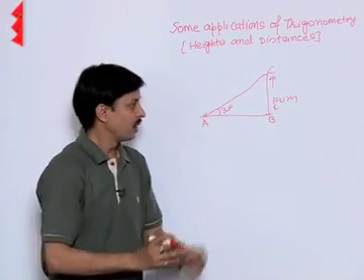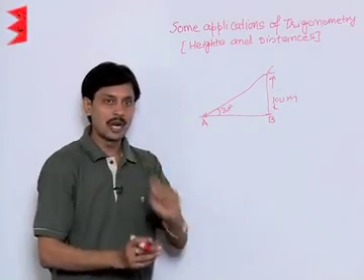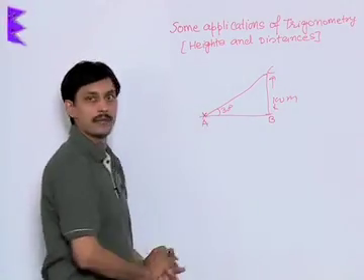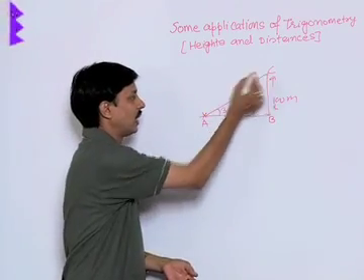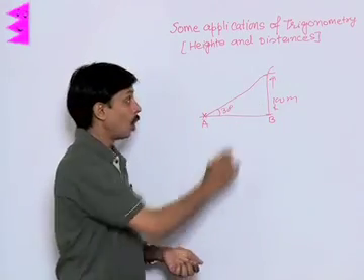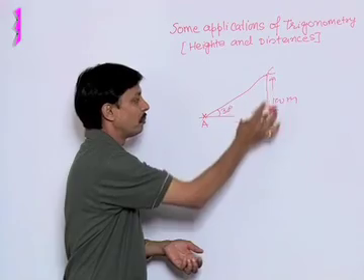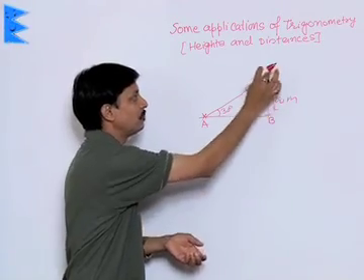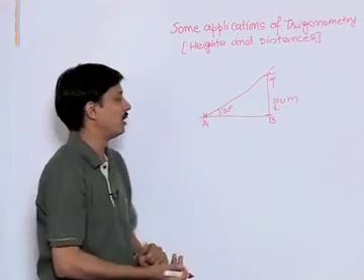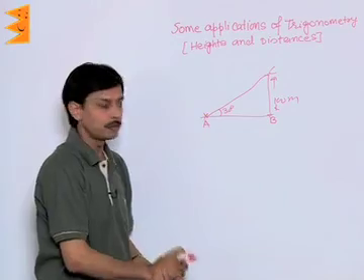I am repeating, a person standing at position A observes that the angle of elevation of the top of a pole BC, whose base is B and top is C, of height 100 meter, is 30 degree.